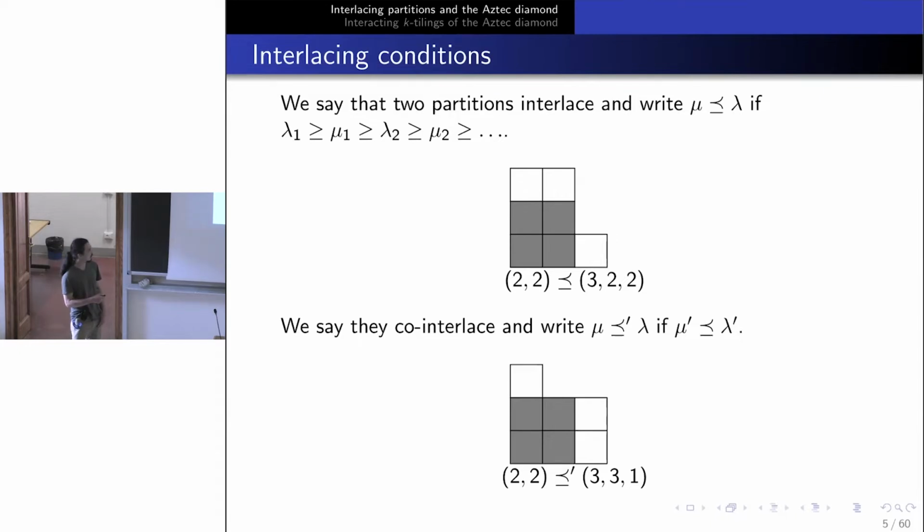So here we only add a single cell in each column. So these interlace. It's equivalent to this condition up here. And we'll say that partitions co-interlace and use this symbol if their conjugates interlace. Equivalently in terms of the diagram, if you don't add more than 1 cell in each row.